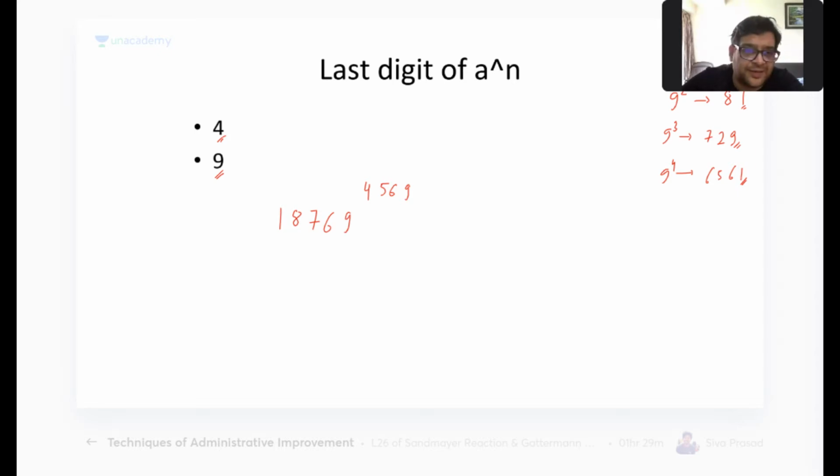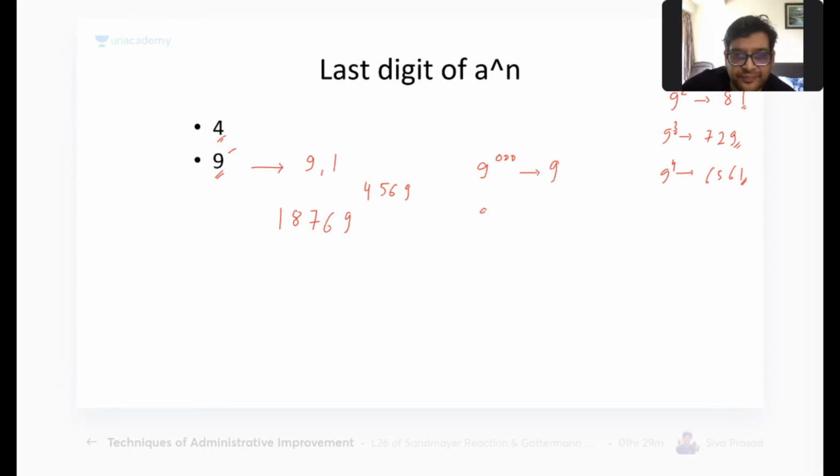So if there is a number which is ending in 9 and it is raised to any power, I can very clearly say that it will end either in 9 or in 1. And if you want me to be more specific, I can say 9 if it is raised to an odd power. As you can see here, 9 to the power 1 or 9 to the power 3 will end in 9.